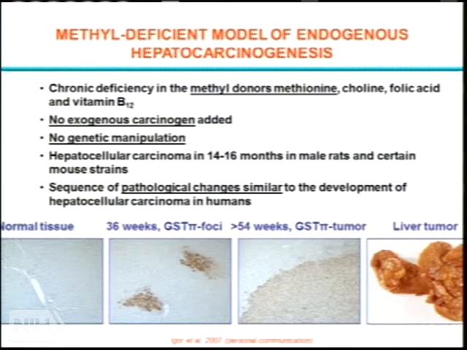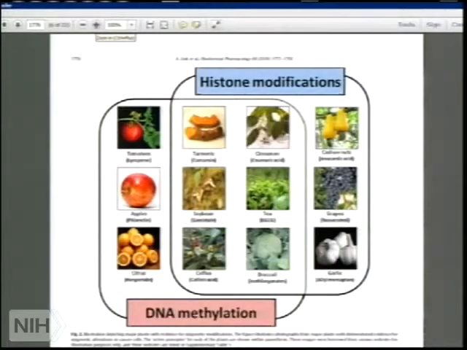In this case, just by changing the methyl donor, without any exogenous carcinogen, such situations were created where models were created for liver cancer. So just by changing diet, that was shown.